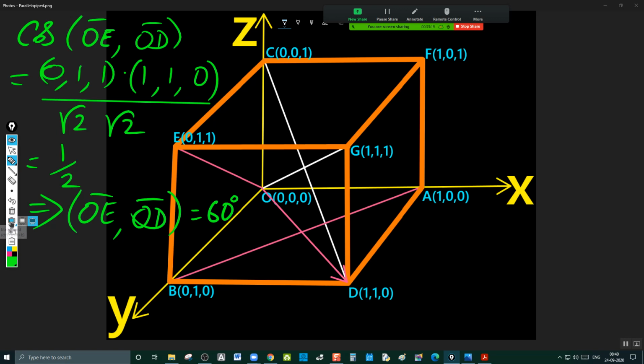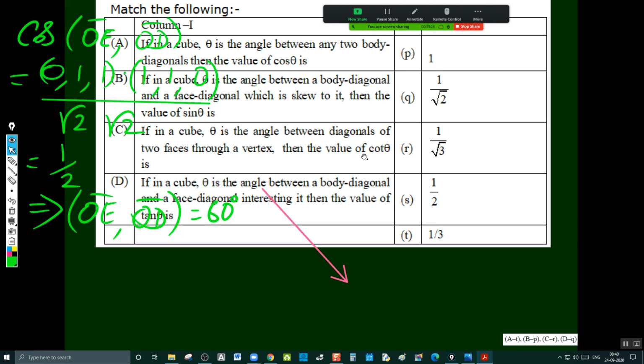And what is to be found out? You have to find out cot theta.